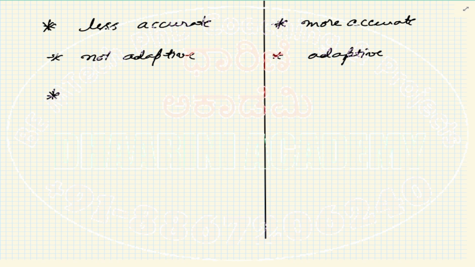Even if it affects, it's a negligible amount. So we have a lot of advantages for using feedback in a given system.